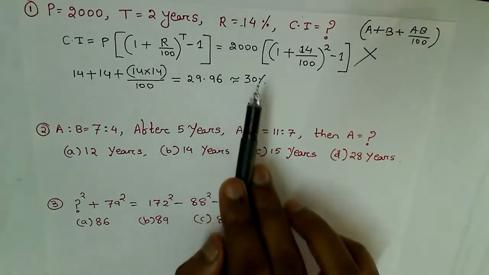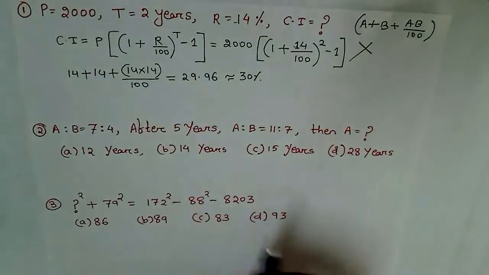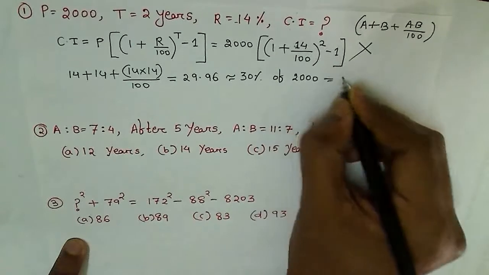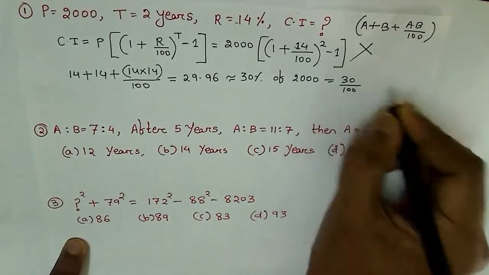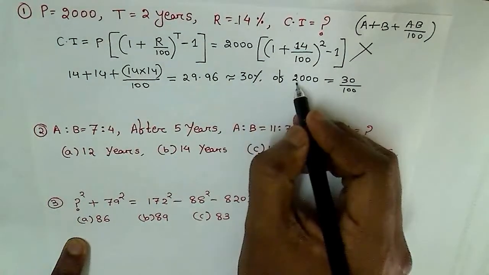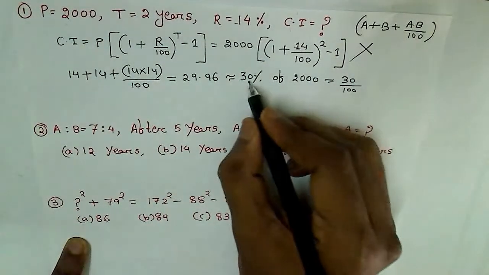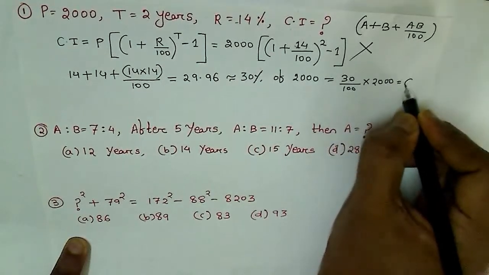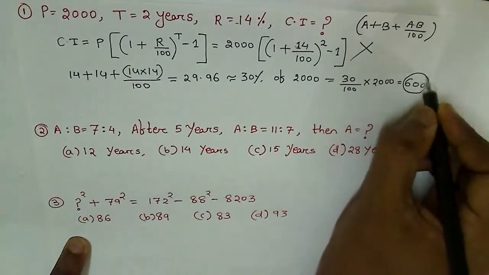Now we just calculate 30% of 2000, which is 30 by 100 into 2000. If you are good at calculation, 30% of 2000 is 3 into 2, that is 6, so it will be 600. Otherwise, 30 by 100 into 2000, you will get 600.